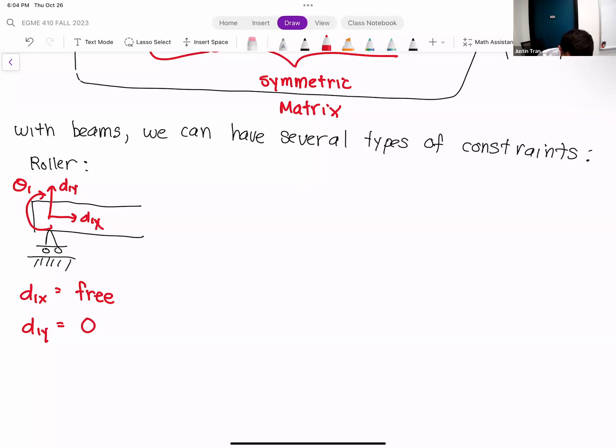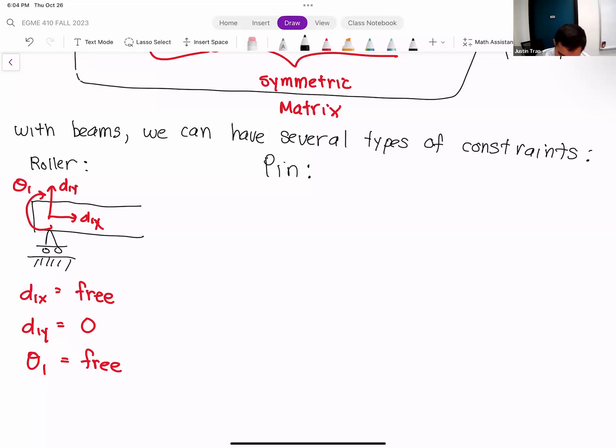Okay. And a roller support also will not constrain the rotation. So theta 1 is also going to be free. Okay. And so a roller support is only going to prevent displacement in this case in the y direction. Okay, so that's the roller support.